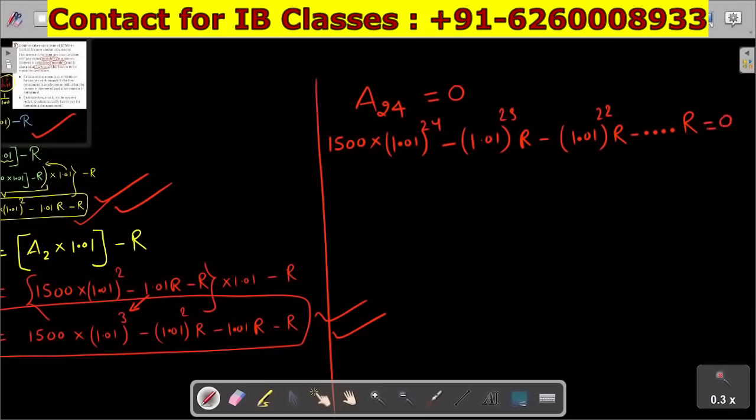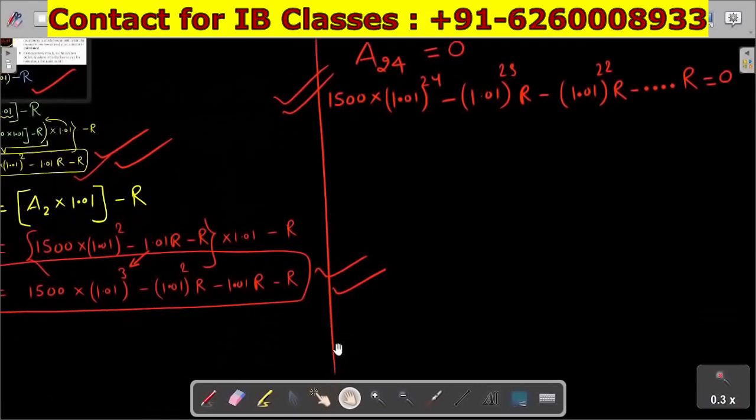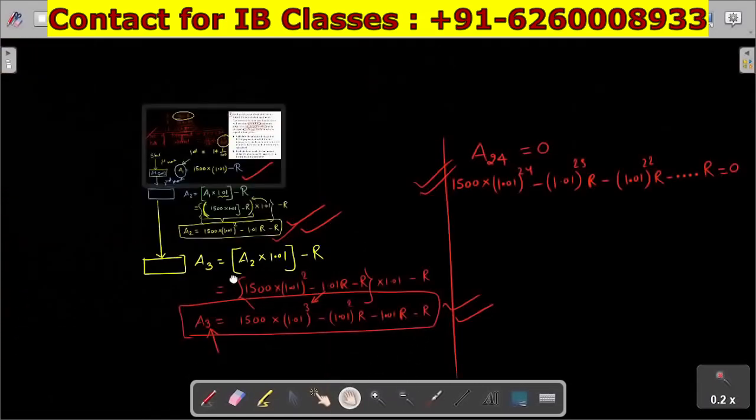Now please see, this is an equation in which we have only one unknown, that is r. So we have one equation, one unknown. We can easily simplify and solve this, right? So for simplification, I am taking this to the next page.